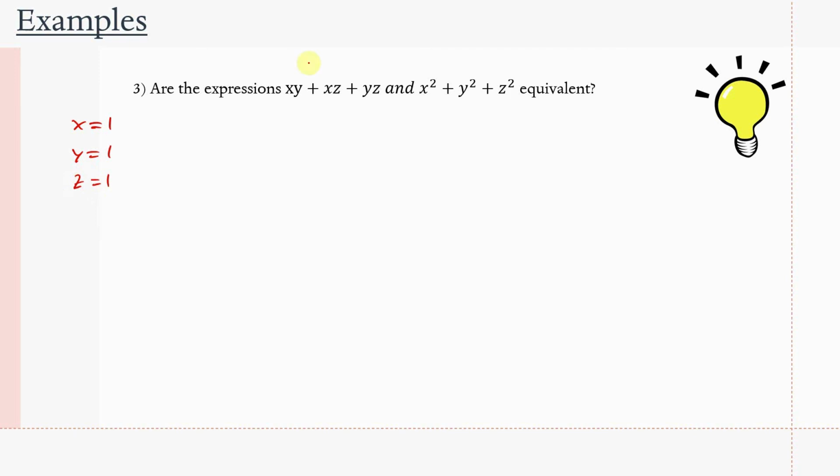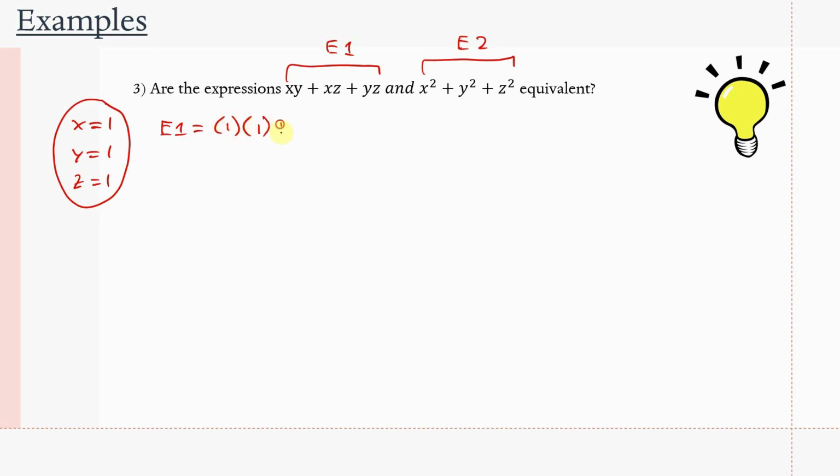If we plug that into, let's say this is expression 1, this is expression 2. Expression 1 with these variable declarations will be 1 for the x, 1 for the y, plus 1 for the x, 1 for the z, plus 1 for the y, 1 for the z. This will give us 1 plus 1 plus 1, 3.